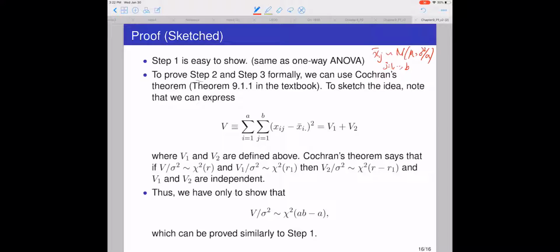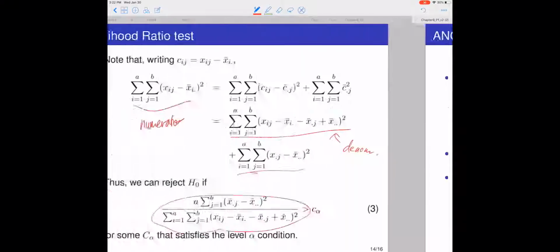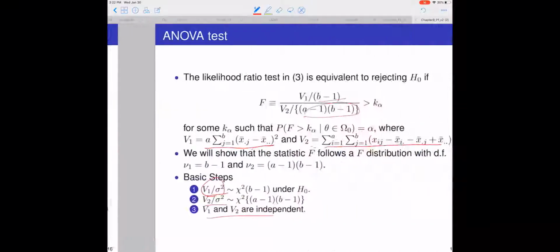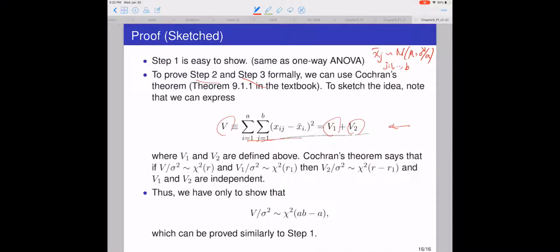To prove steps 2 and 3, formally we can use Cochran's theorem, which is Theorem 9.1.5 in the textbook. The basic idea is that this quadratic term can be written as v1 plus v2. We already showed this result.